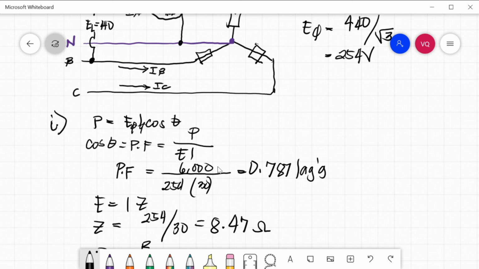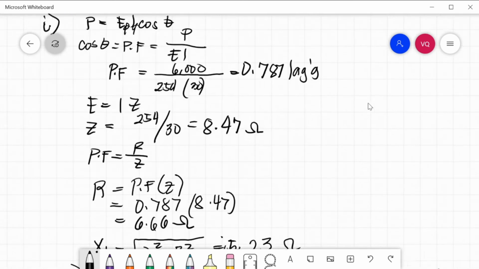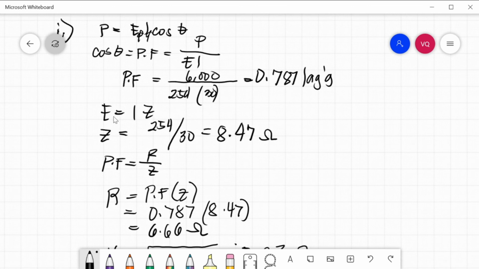So 6,000 divided by the phase voltage, which is 254 volts, times the current which is 30 amperes. That is 0.787 power factor lagging. And then, using Ohm's law, E is equal to IZ, we can solve your impedance equal to 254 divided by 30, that is 8.47 ohms.